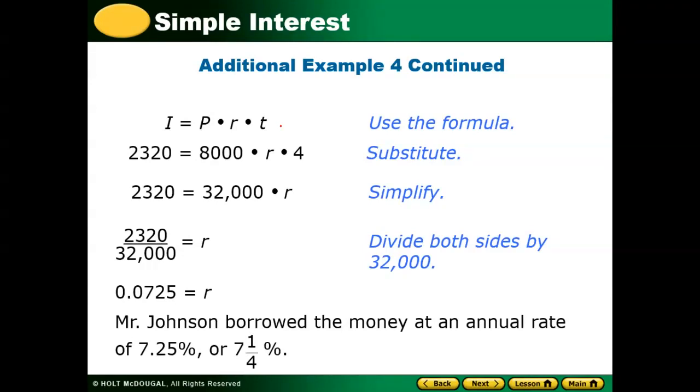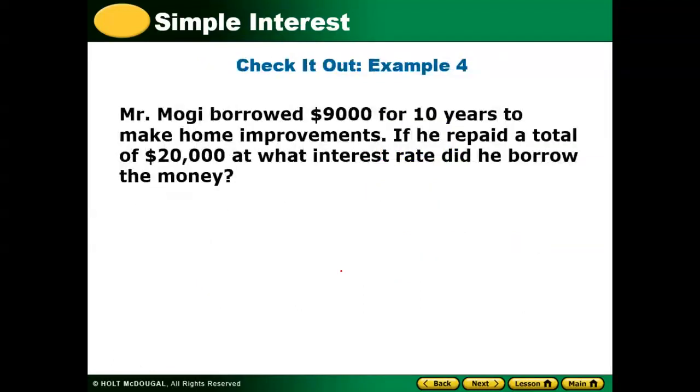If you multiply that by 100, that will give you 7.25%, or 7.25, but 7.25 is perfectly fine. That is the rate at which he borrowed the money. So that was the annual rate he was given, or charged in this case.